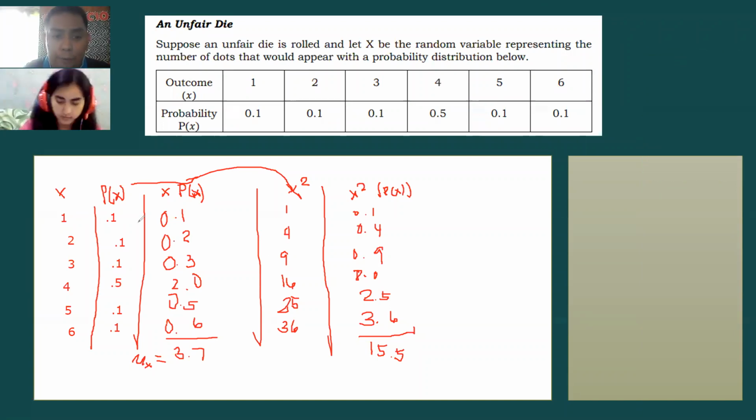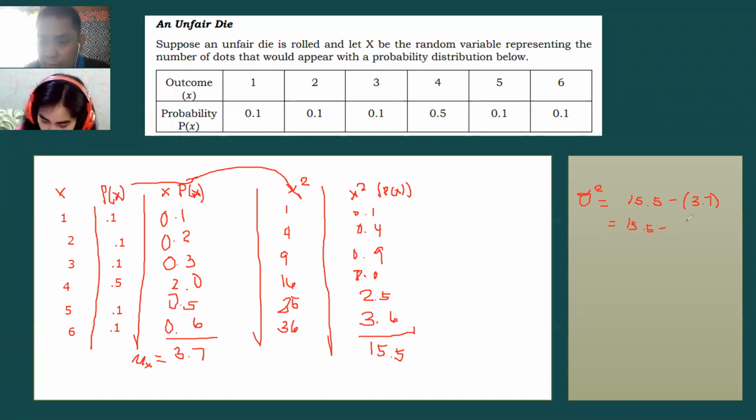So using the new formula, with this 15.5, to find our variance, that will be 15.5 minus the square of 3.7. So that is 15.5 minus 3.7 times 3.7.